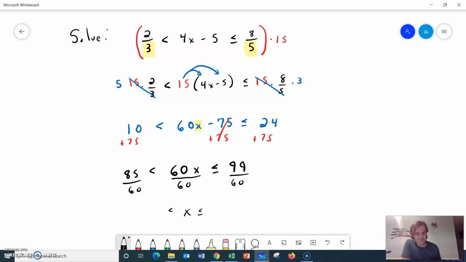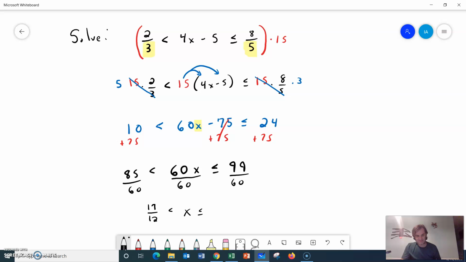But if I want to reduce 85 over 60, I know they're both divisible by 5. So let's see. If they're divisible by 5, I know the bottom would be 12. And the top would be, I'm going to pick up a calculator. 85 divided by 5 would be 17.